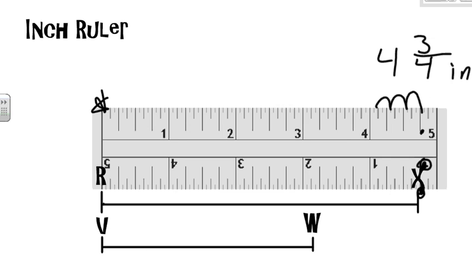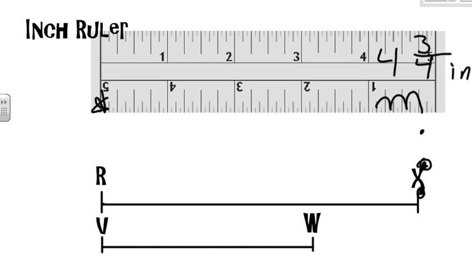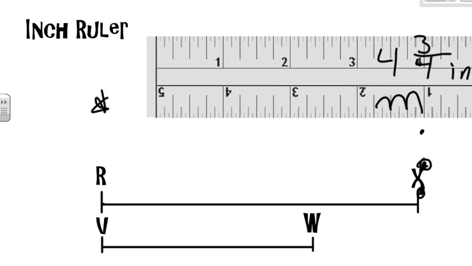Now, if we just take a moment and look at our ruler here, we can see lots of different dash marks. We have our half, we have our quarter, we have our 3/4. But then we can also get into these smaller lines, our eighths, our 3/8, our 5/8, our 7/8.